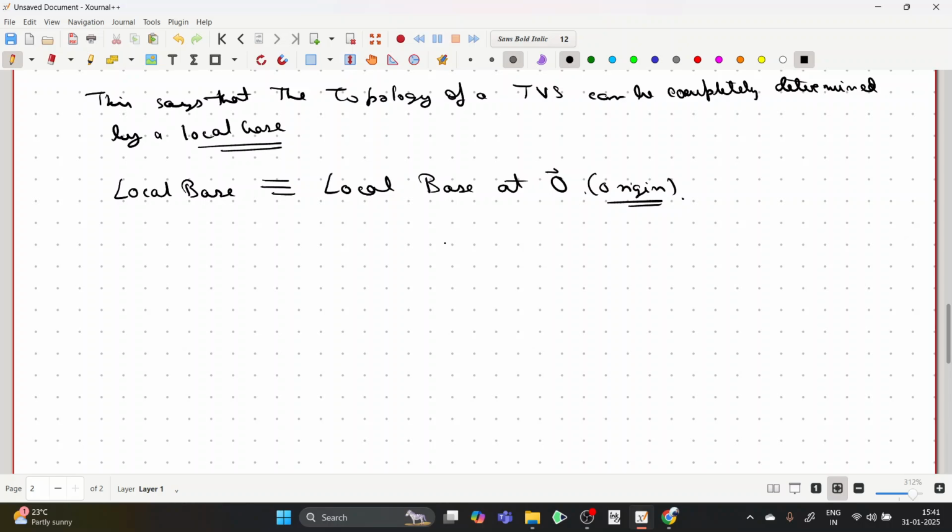So for simplicity, we can define it: by local base we mean a local base at 0.